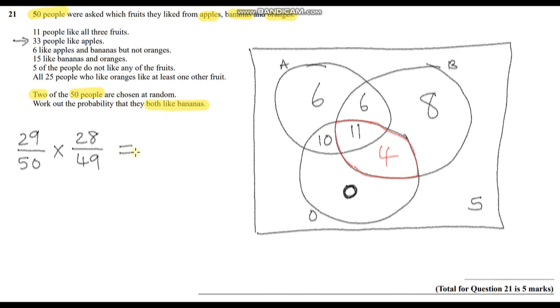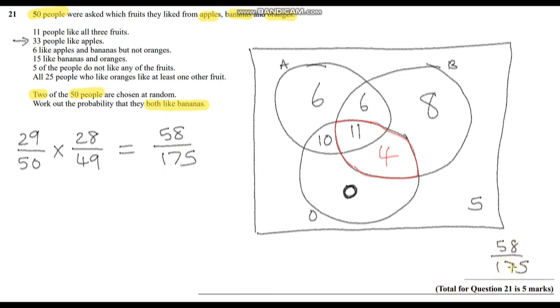So 29 over 50 times 28 over 49. Sorry, hopefully I'm not confusing you. And that gives us 58 over 175. So that is our answer, 58 over 175.